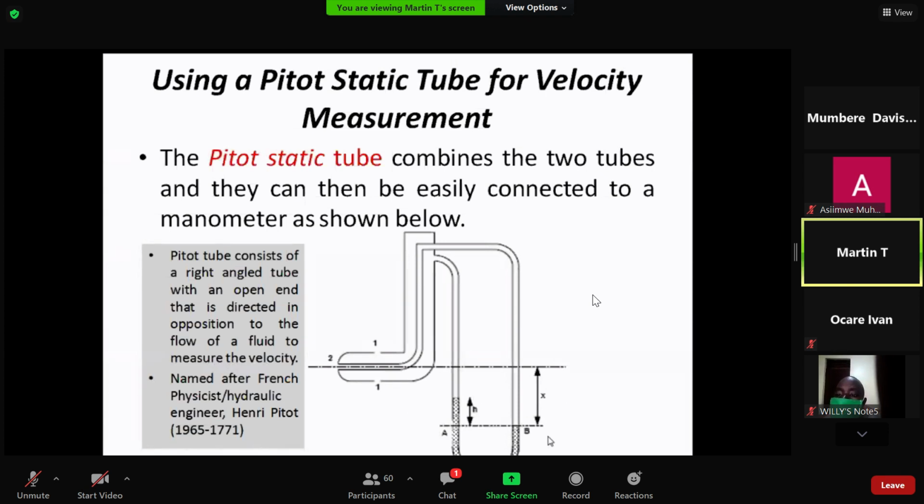Okay, yeah, we expect that the limb that is connected to the opening that comes from point number 2 is experiencing the dynamic pressure.